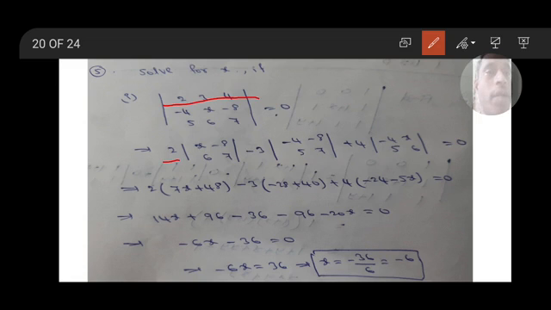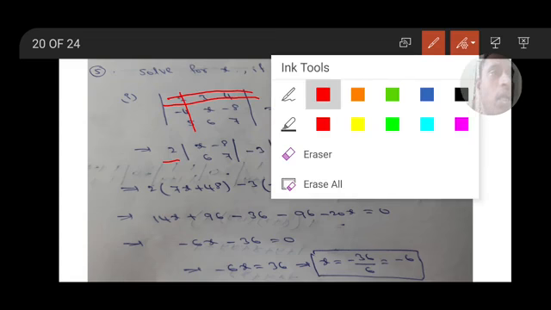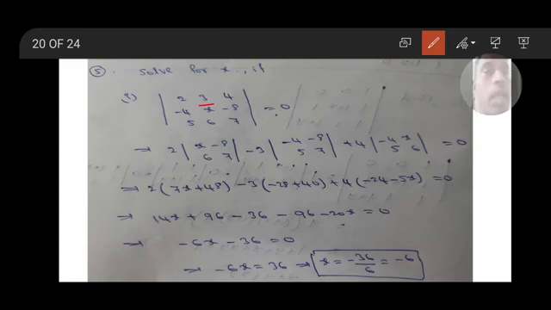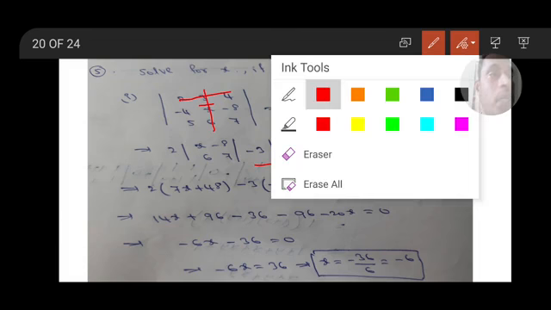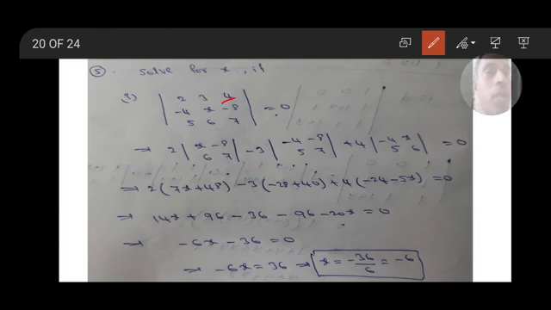So 2 into its minor means delete this row and column, x minus 8, 6, 7. Next, minus 3 into its minor, row and column deleted, minus 4, minus 8, 5, 7. Next, third one, plus 4 into its minor, minus 4, x, 5, 6 equal to 0.